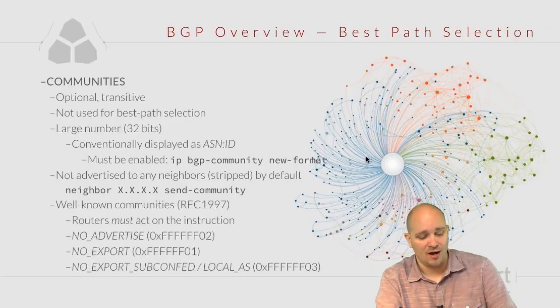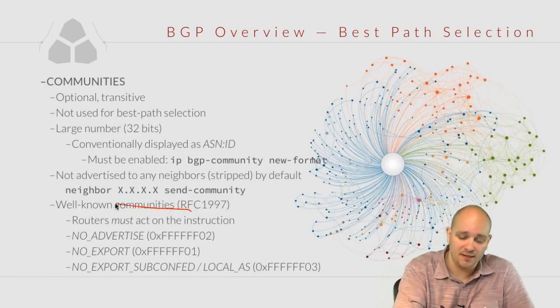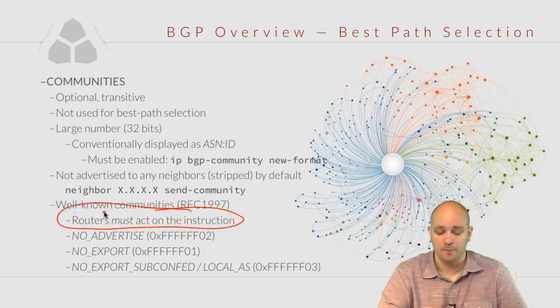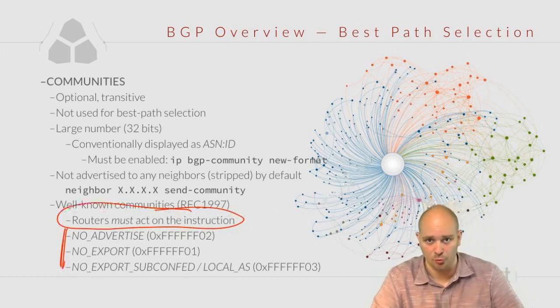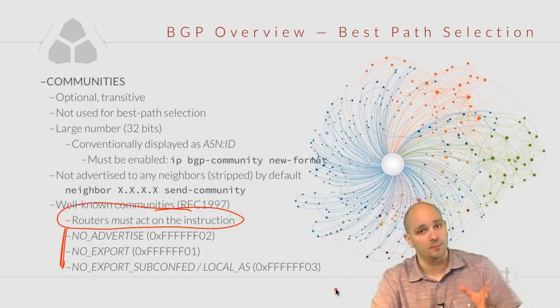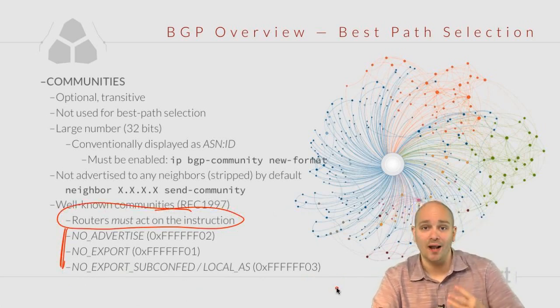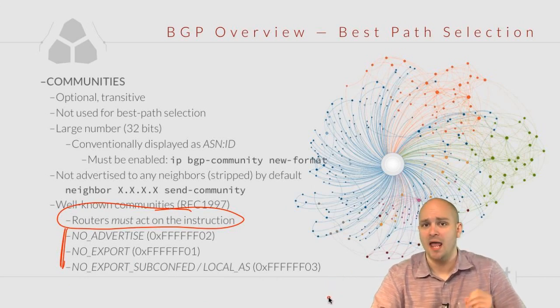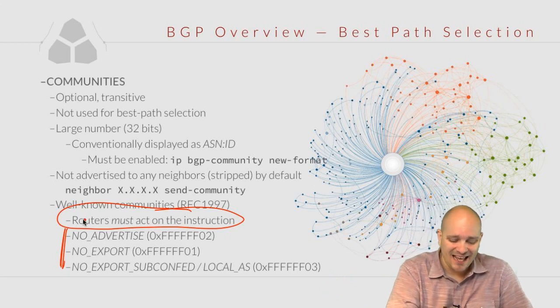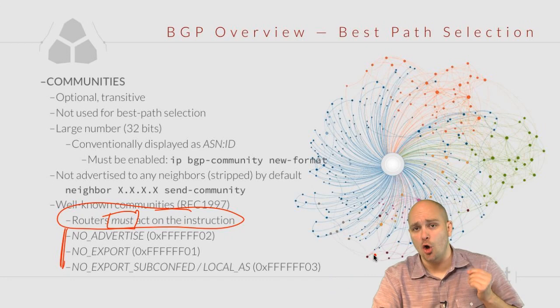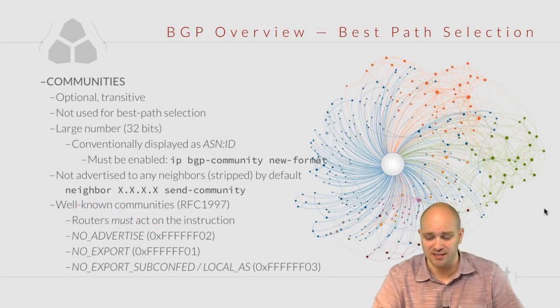Now, if the router has in its BGP table a route with a particular community that has associated behavior with it, and these three are well known, that means that they define a well-known behavior. If the router has in its BGP table a route, a prefix that has a well-known community, it must act, it has to act on what that community instructs it to do.